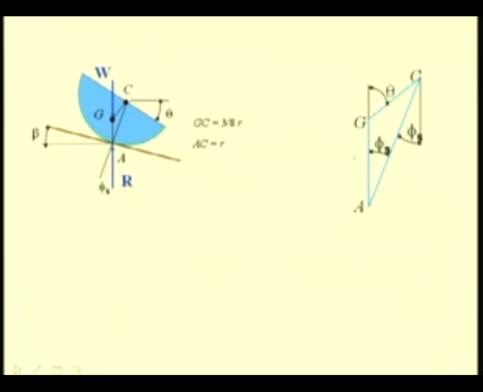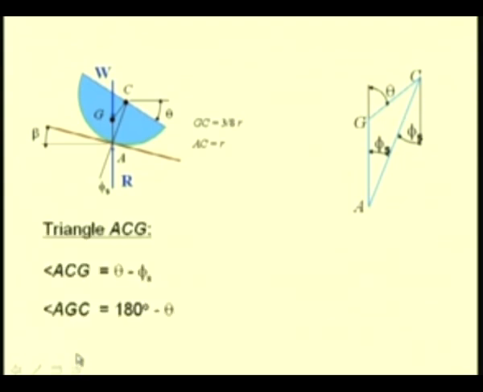From geometry we can see that the angle between the horizontal and this diametrical plane is equal to the angle between this line GC and the vertical line, that is GA. So, this picture marks the various angles theta and phi s.